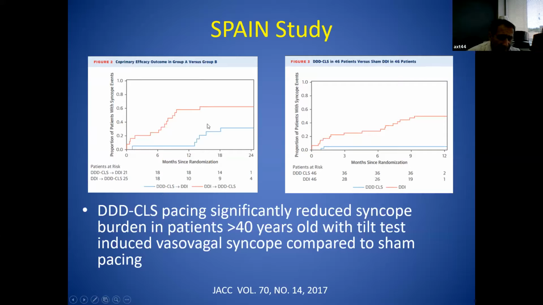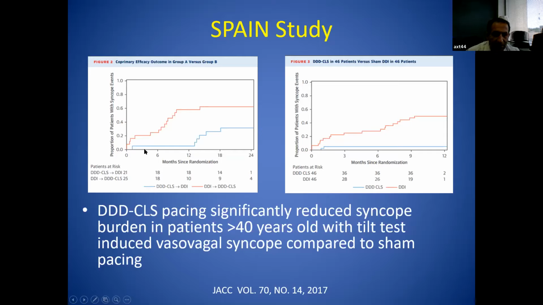If you look on the slide on the left, this is the proportion of patients with syncope. This slide shows that this group had the pacemaker on DDD-CLS for 12 months, and then they flipped to DDI, and this group in red was DDI for the first 12 months, and then DDD-CLS for the remaining.